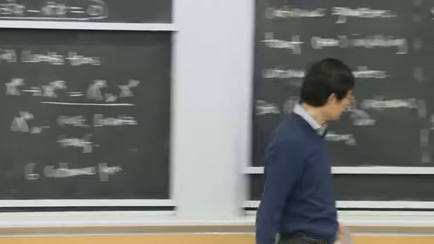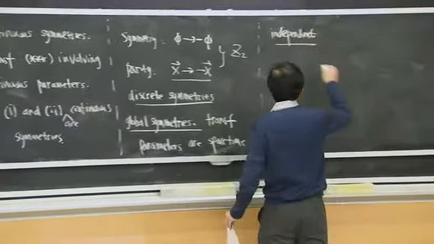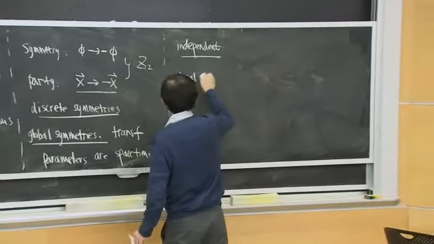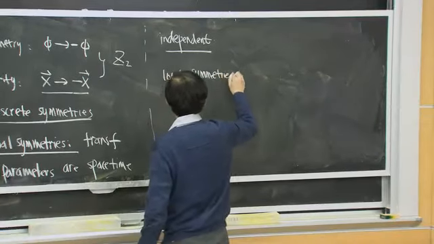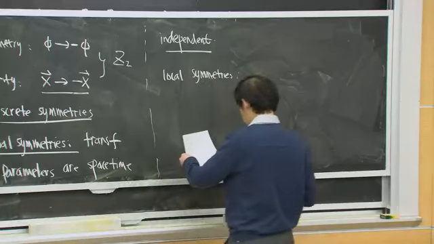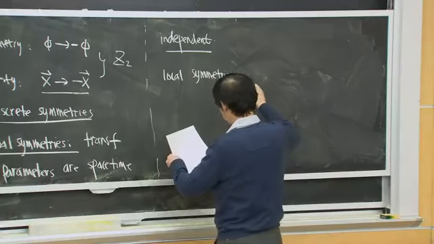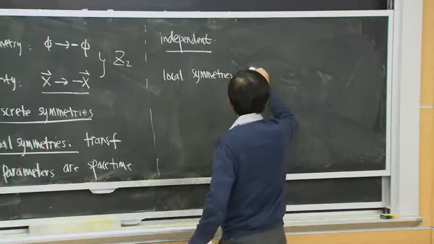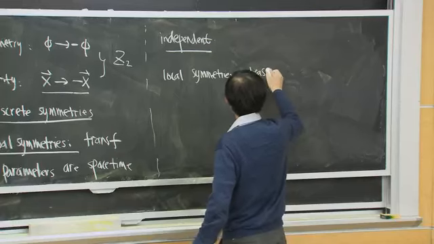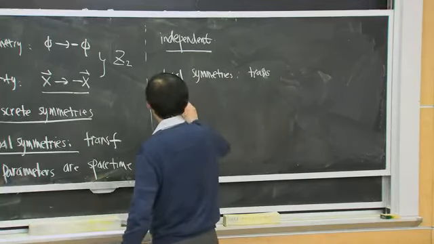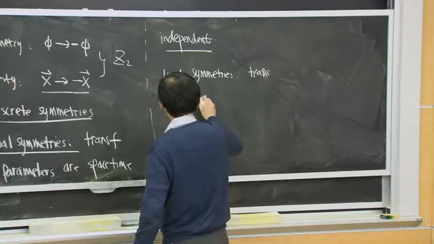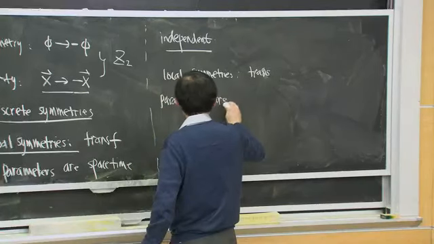Okay, and you can also have local symmetries, in which case the transformation parameters are space-time dependent. Okay.